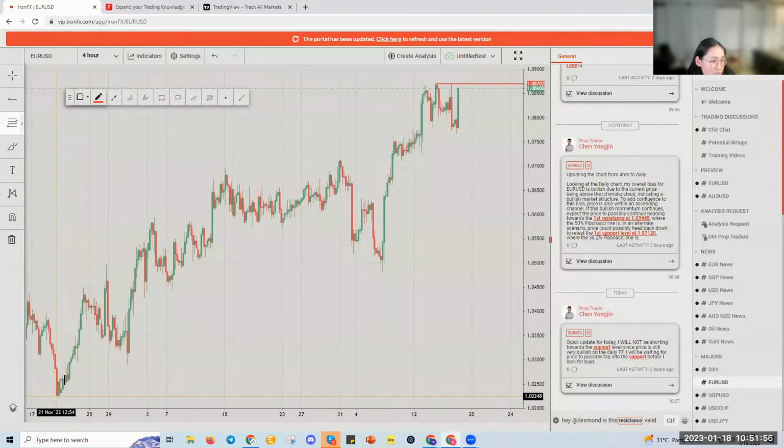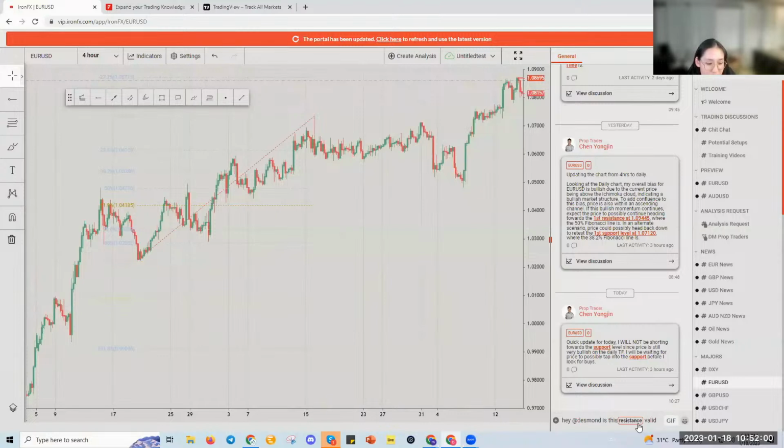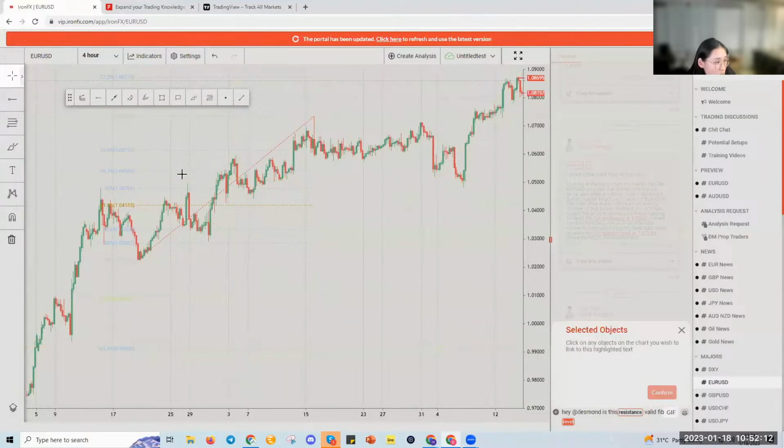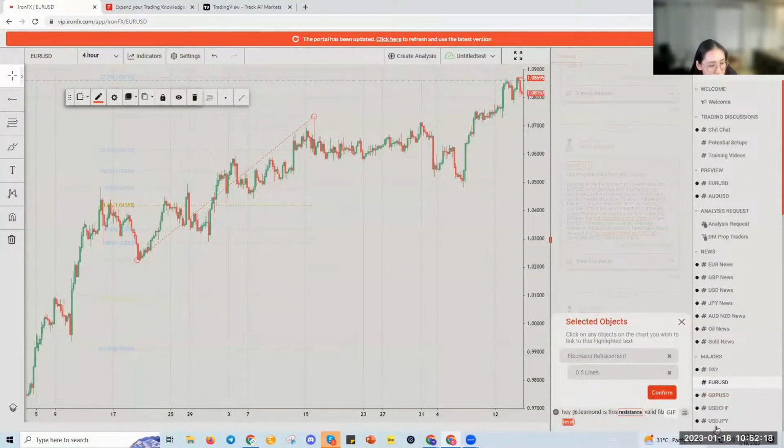If you want to check your retracement, like, is this valid, you can go ahead and tag that as well. Link object to text, and then you can choose which level you want. Maybe 50%, and then it'll choose it for you.